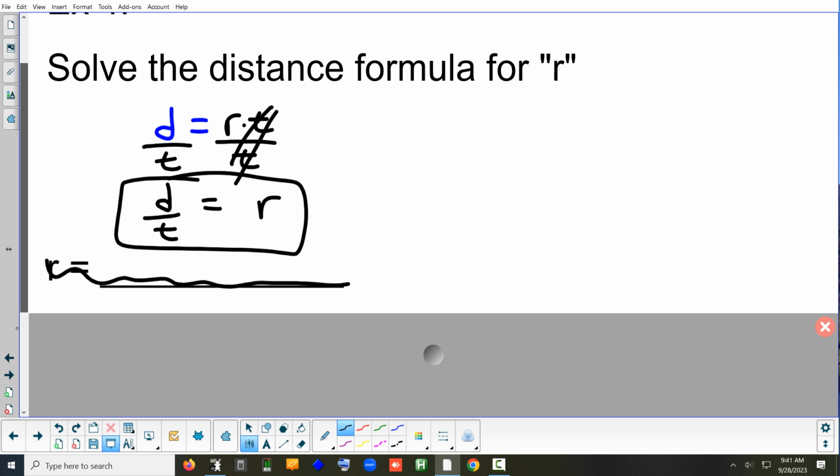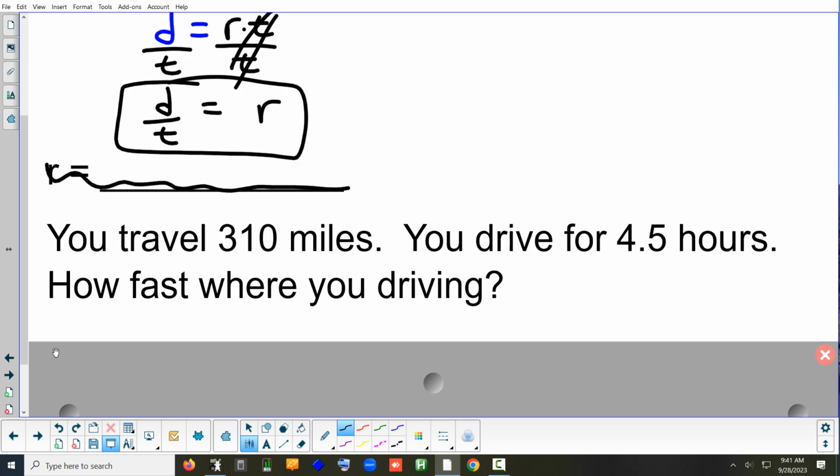Okay, so the next one says to use that formula and figure out your speed. Rate is speed, how fast you were going. To use the formula to calculate R, what are the two things you need to know? D and T. Let's look at the two numbers and see if we can figure out which one is which. 310 miles.